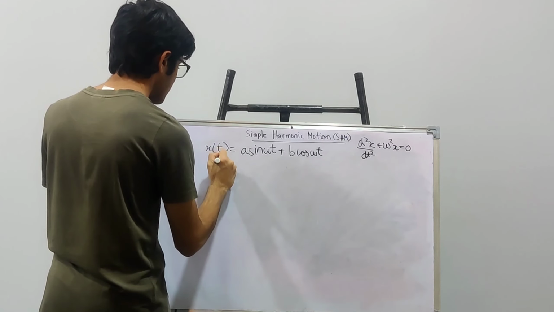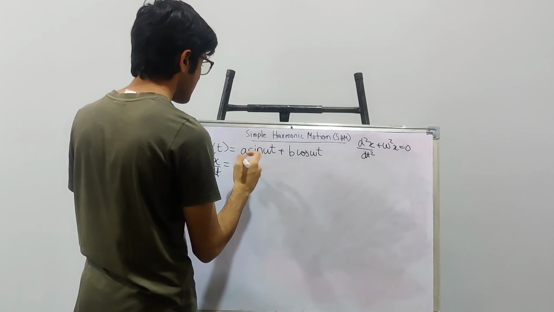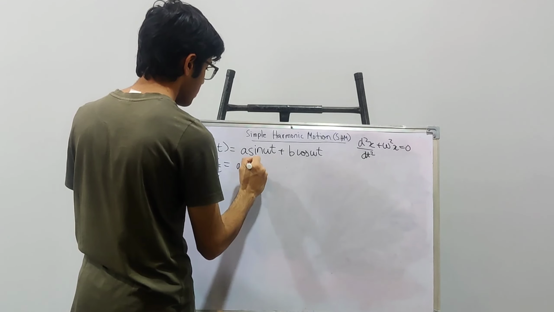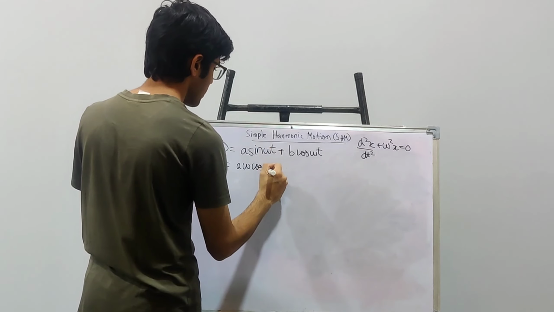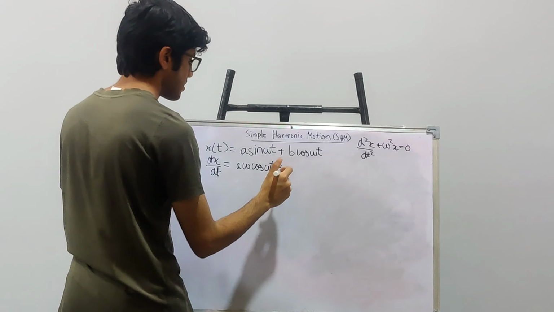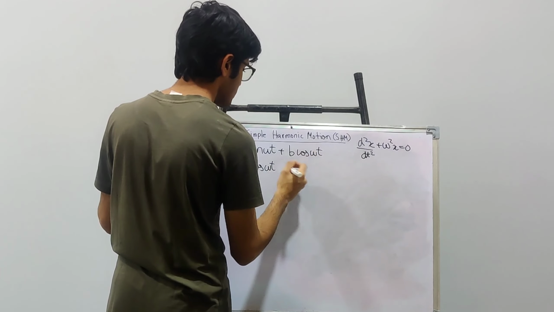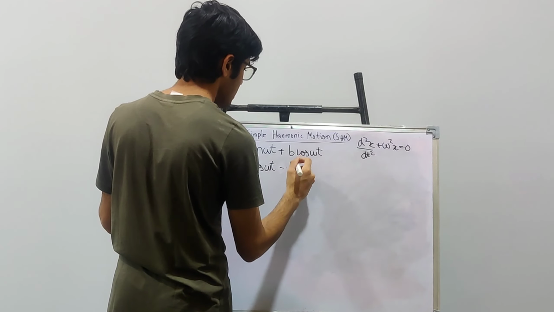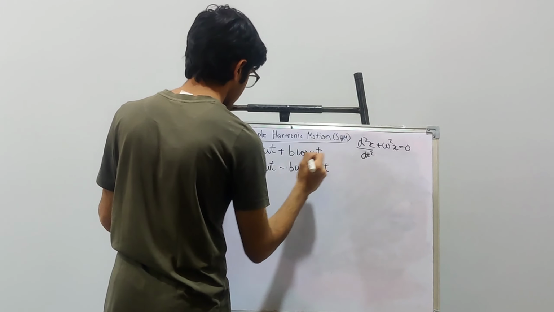So let us take the first derivative. dx by dt will become a omega cos omega t, sorry, plus minus b omega sin omega t, because the derivative of cos is minus sine. So dx by dt is a omega cos omega t minus b omega sin omega t.